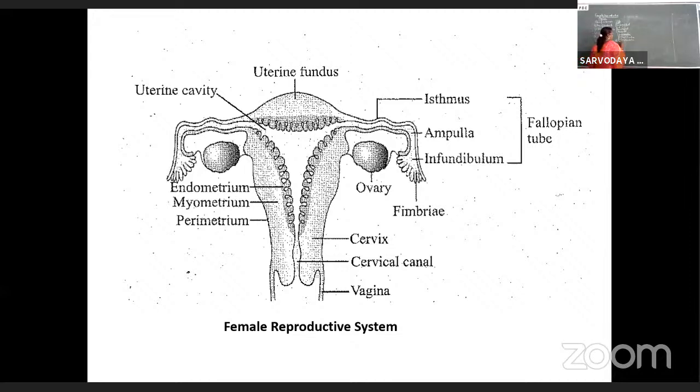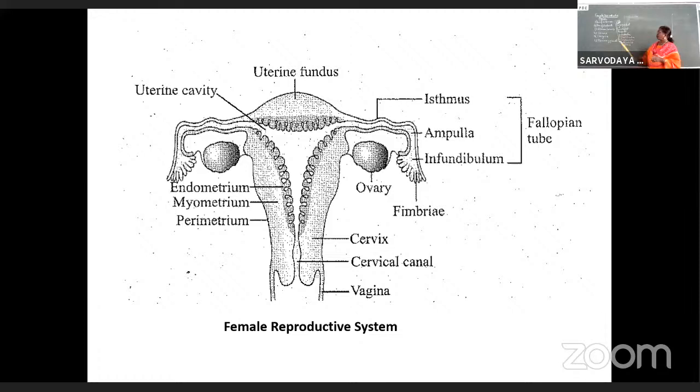After that, you'll find birth and child care. So here we observe that in the female reproductive system, the structures are integrated, and they provide functional support for ovulation, fertilization, implantation, development of the embryo, followed by birth and child care.